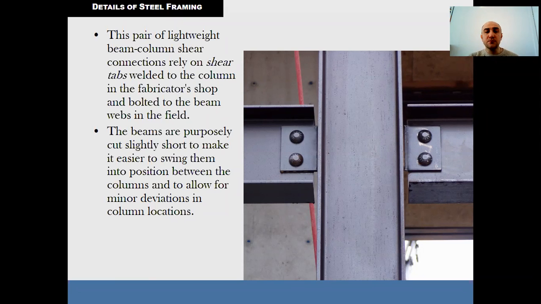There are several types, like angle connection, single plate connection, and seated connection. An angle connection uses L-shaped brackets, and it holds the parent and the additional member together.